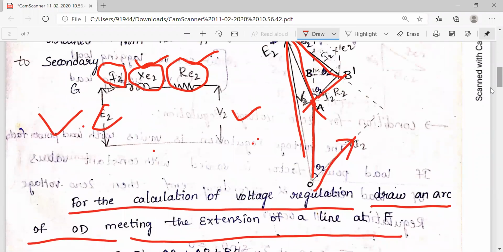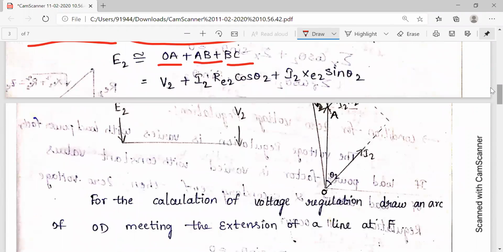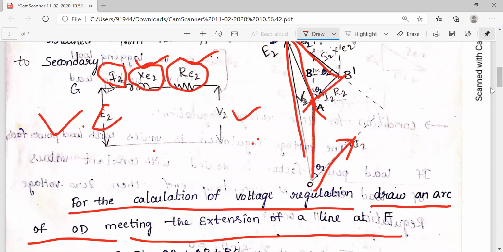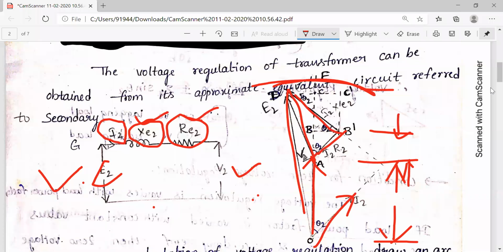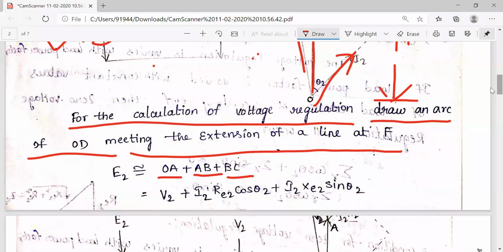OA is this one, up to here. And AB is I2 R2 cos theta 2, up to here, and further this total value. Therefore E2 equals OA plus AB plus BC.